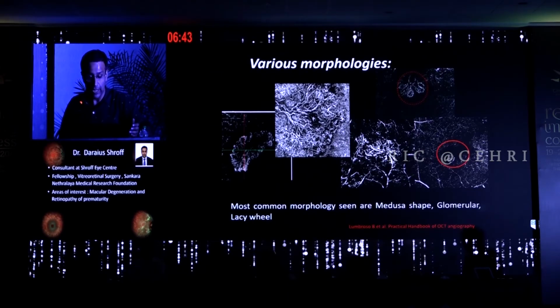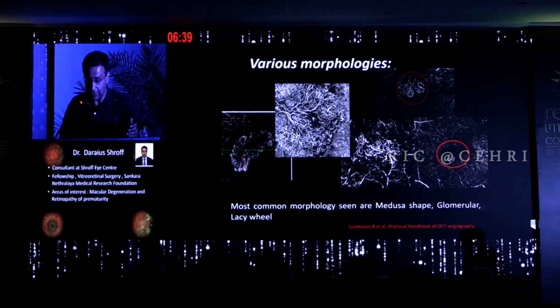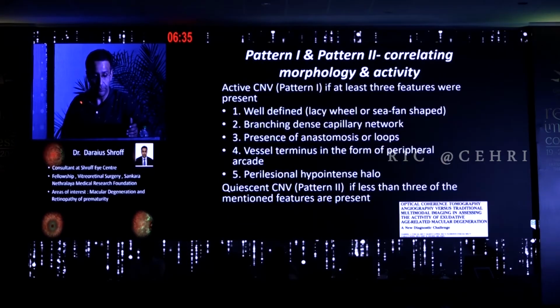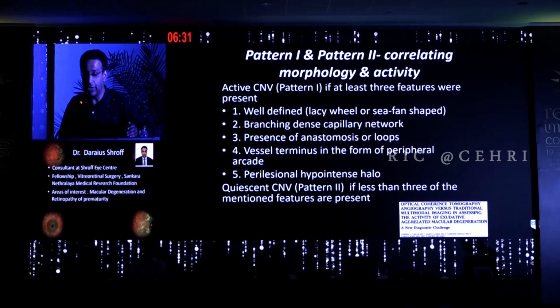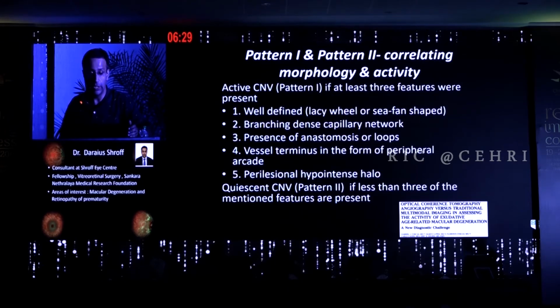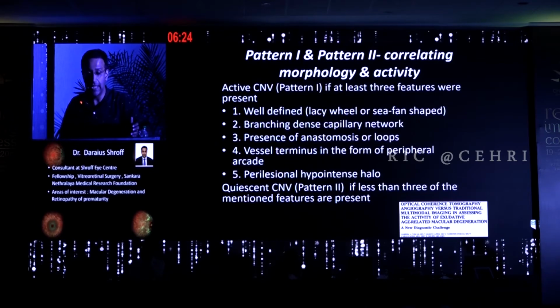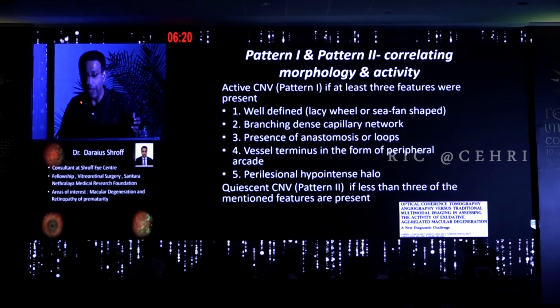You can see the Medusa head first, the glomerulus, and the lacy wheel pattern, and these have been beautifully described by Dr. Lumbroso. So there was an article by Dr. Koskas, which I think Dr. Anand Rajendran also spoke about earlier today. And he has said that pattern 1 or active CNV is present if we have at least 3 features of the 5 below.